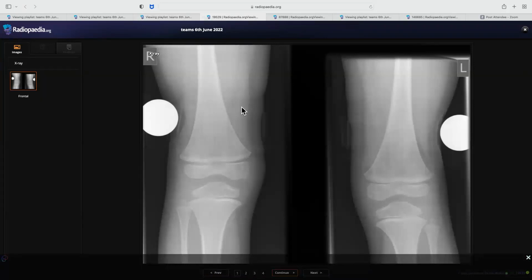I'm given an X-ray of the bilateral knee joints of a skeletally immature patient, as the growth plate is unfused. There is no evidence of any abnormal lytic or sclerotic areas, and no evidence of any fractures.